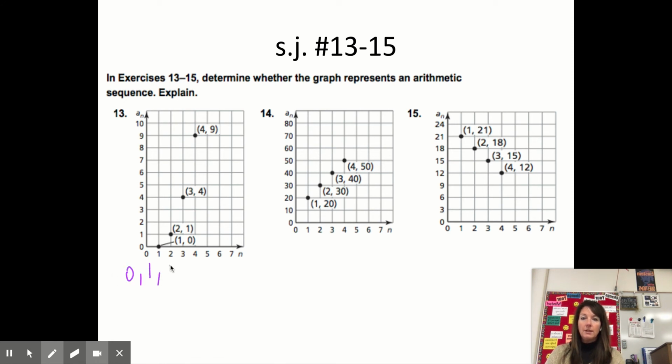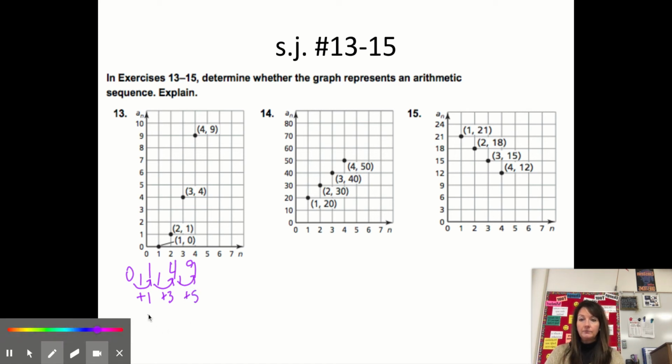The range represents, because you make sure it's counting up by ones, 1, 2, 3, and 4, the outputs: 0, 1, 4, and 9. So from 0 to 1, we have plus 1. Then we have plus 3, and we have plus 5. Is there a common difference?